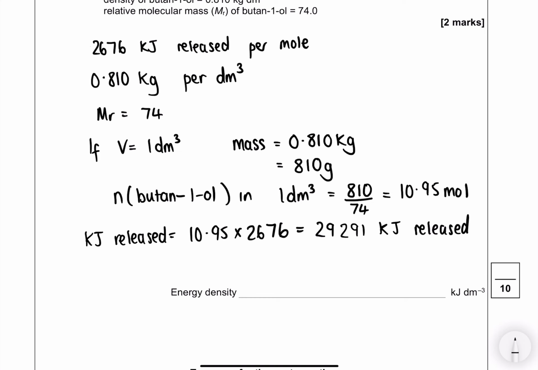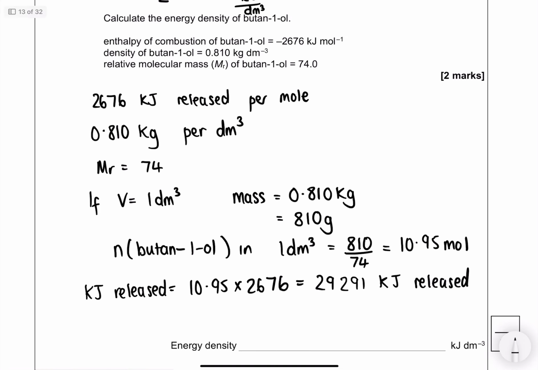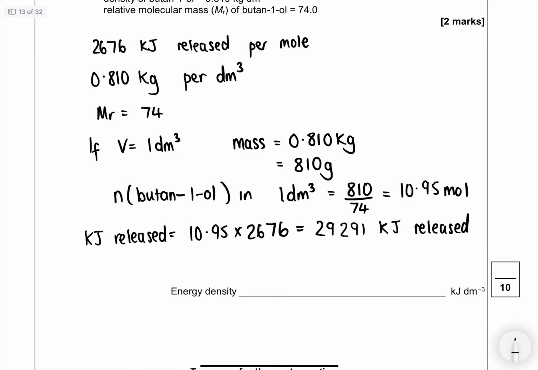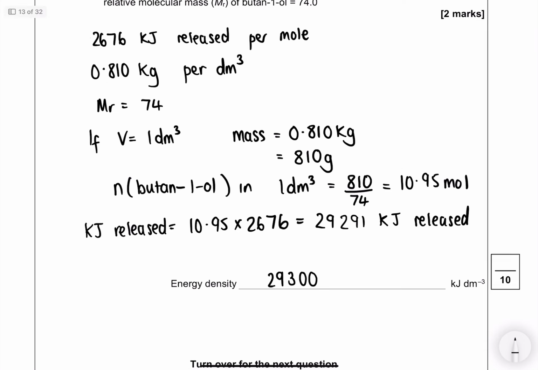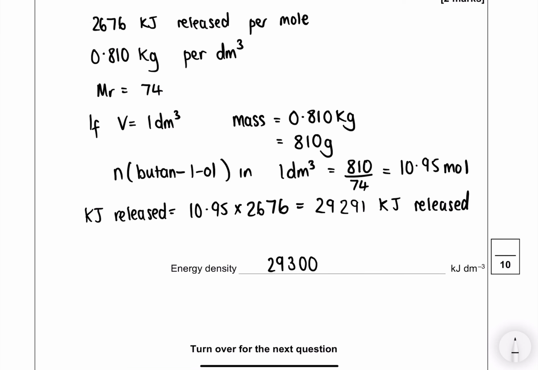So that is our answer. Do we need to give it to appropriate significant figures? It doesn't actually ask us to, but if we were to round to 3, we get 29,300 kilojoules released per decimeter cubed. And these are not equations that we would normally use, we're just having to use the maths and the units to help us.